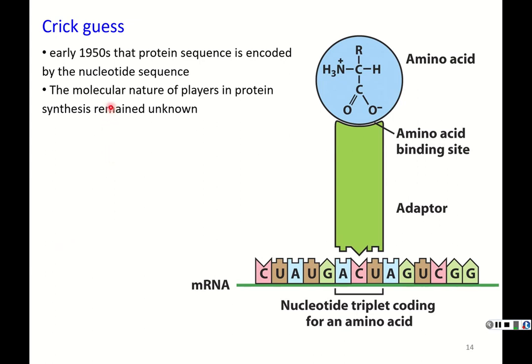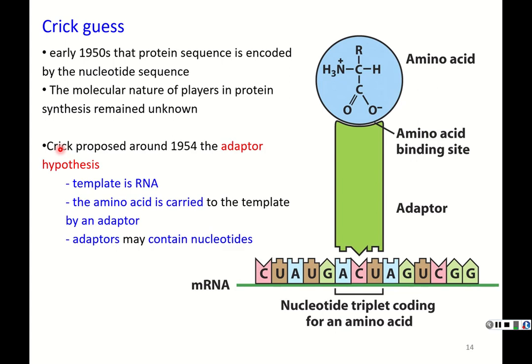The molecular nature of the players remained unknown at the time. In 1954, he proposed that there's an adapter that can bond to the messenger RNA and then carry an amino acid. Okay, so he really did do a good job of hypothesizing transfer RNAs.